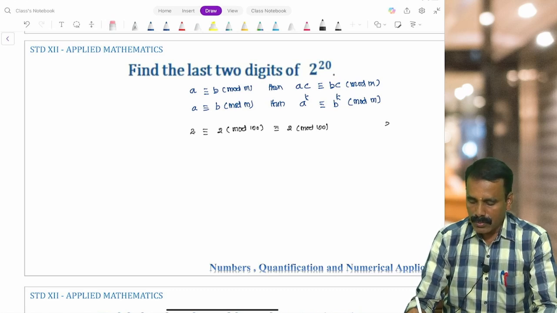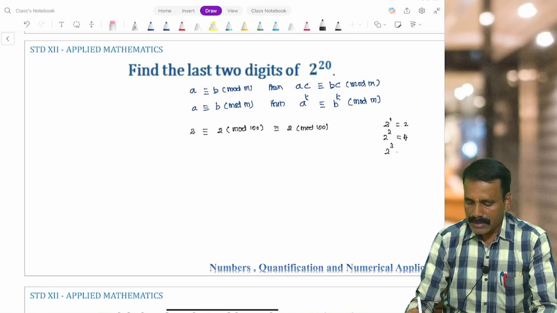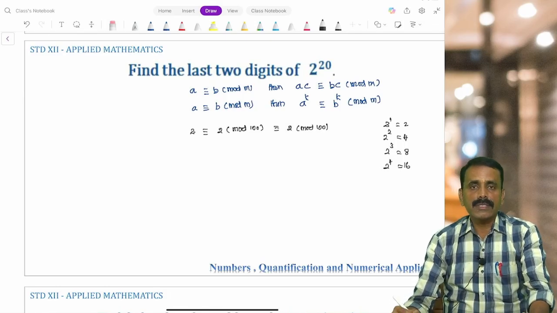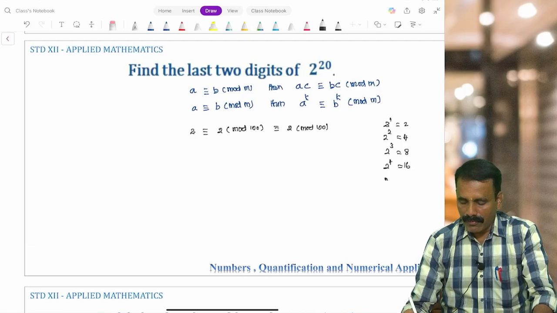2 power 1 is 2, 2 power 2 is 4, 2 power 3 is 8, 2 power 4 is 16. We are trying to find out when it crosses 100. 2 power 5 is 32, 2 power 6 is 64, 2 power 7 will be 128.